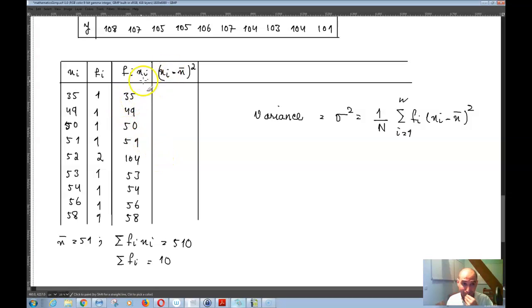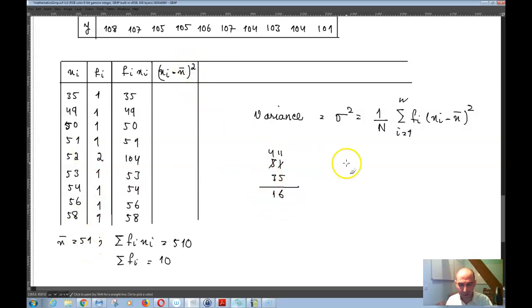So now, for example, 35 minus 51 is equal to negative 16.